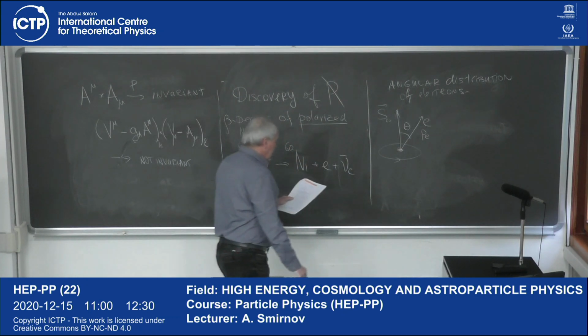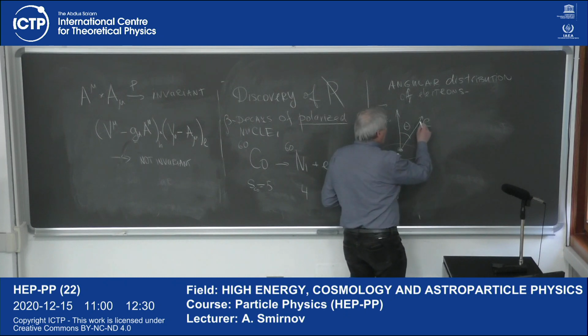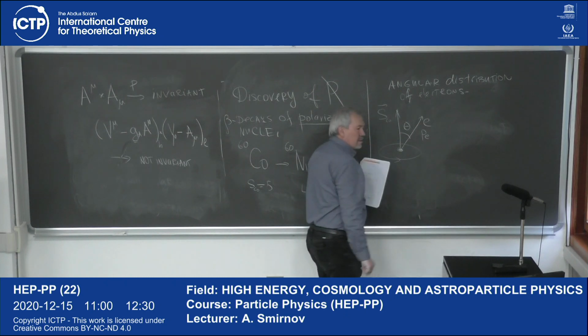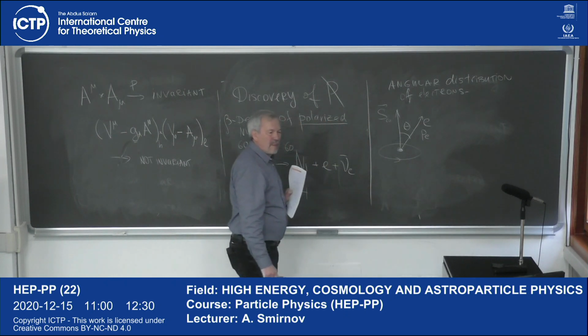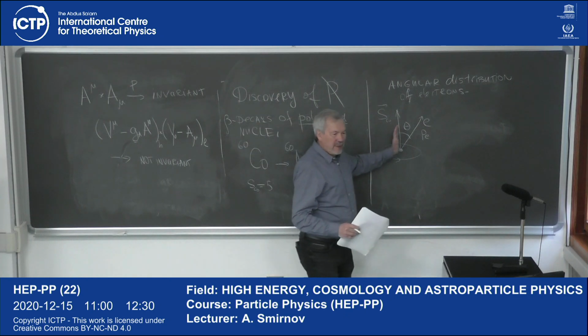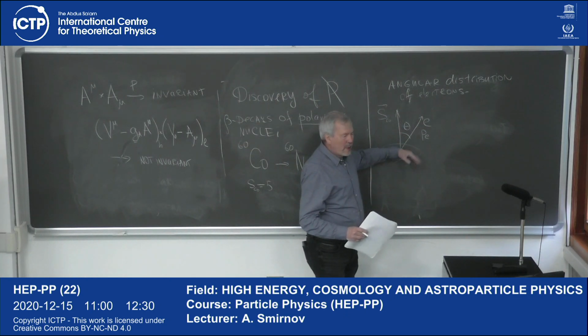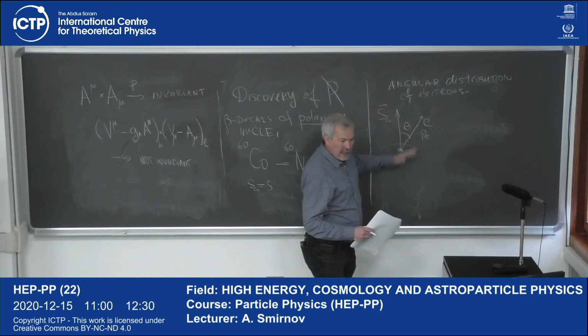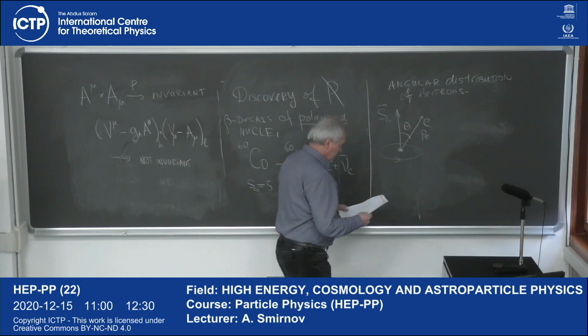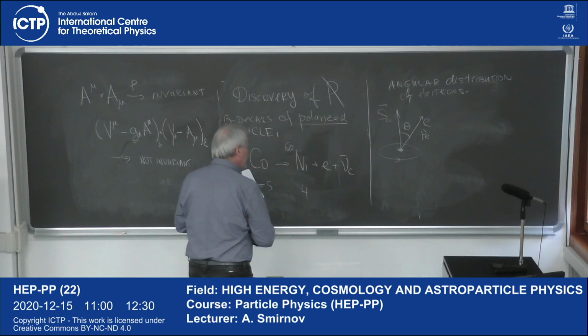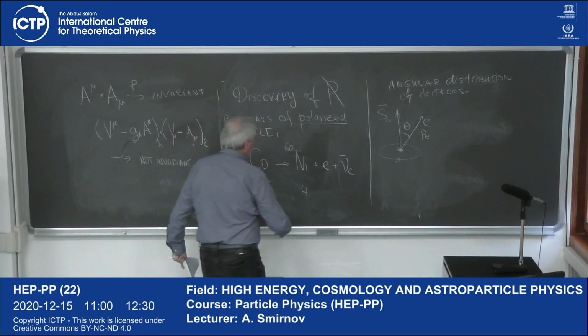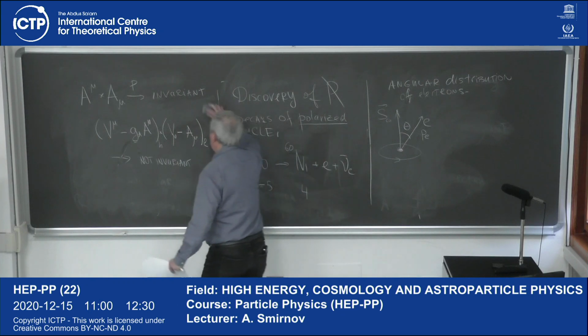And so the idea is to study angular dependence and to see if it will be isotropic or the same in up and down directions, or it will be some asymmetry. So that's the idea, to look for asymmetry of emission of electrons from cobalt decay.